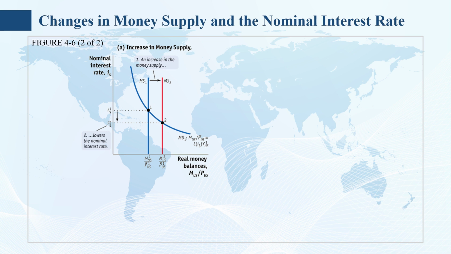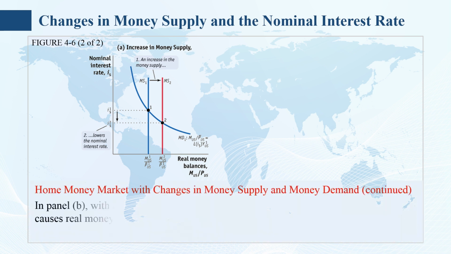The nominal interest rate falls from I1 dollars to I2 dollars to restore equilibrium at point 2. To sum up, in the short run, all else equal, an increase in a country's money supply will lower the country's nominal interest rate. A decrease in a country's money supply will raise the country's nominal interest rate.